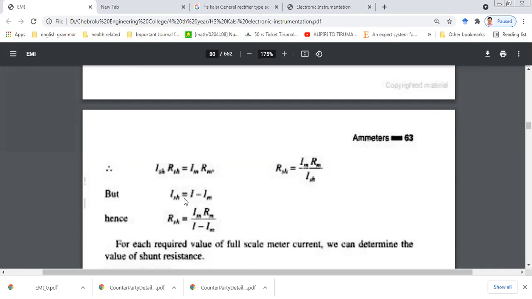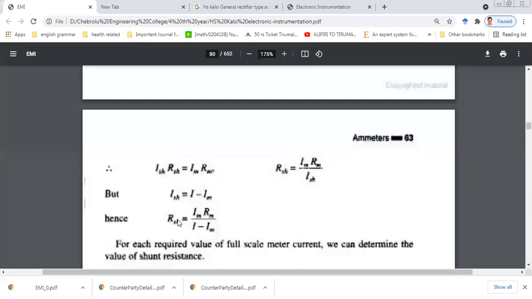So we replace ISH with I minus IM, and RSH is equal to IM into RM by I minus IM.